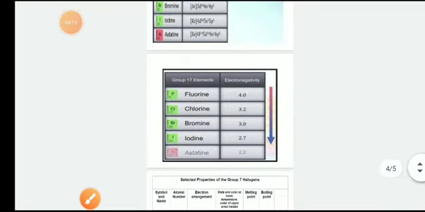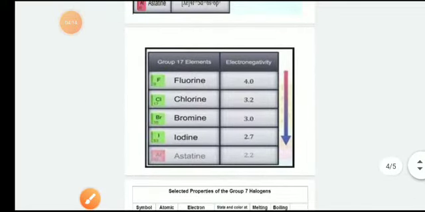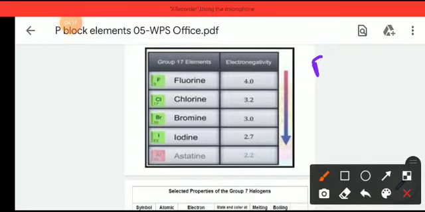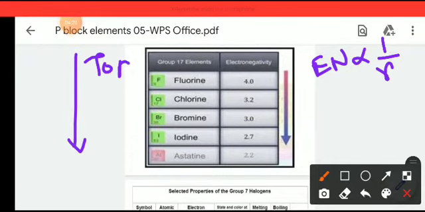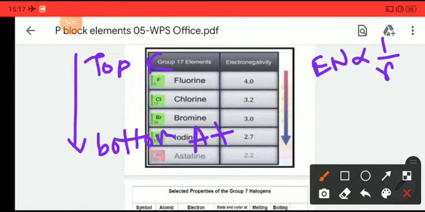We already know that the electronegativity of an element is inversely proportional to its radius or size. As we go from top to bottom, from fluorine to astatine, the radius increases.